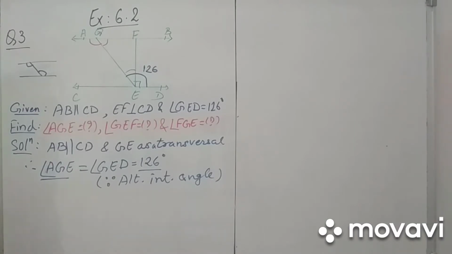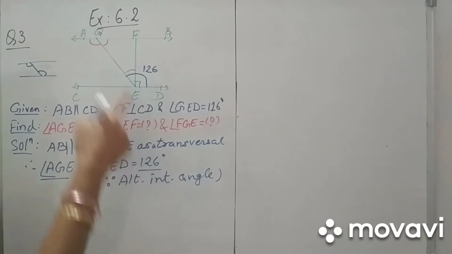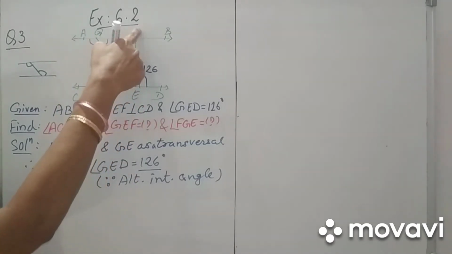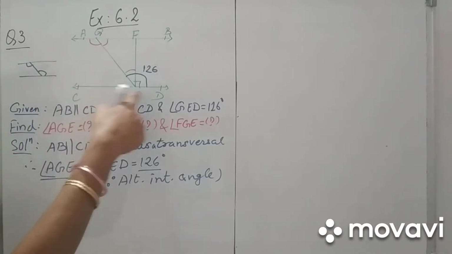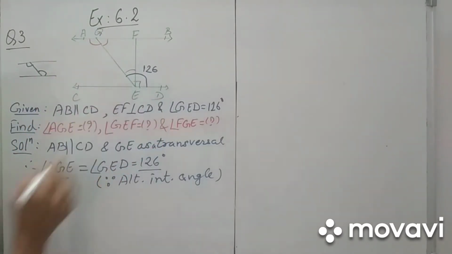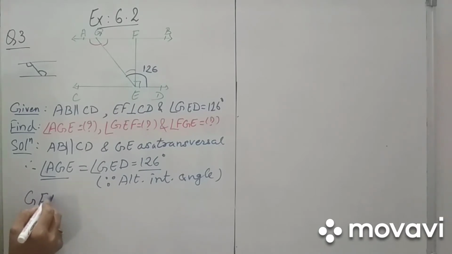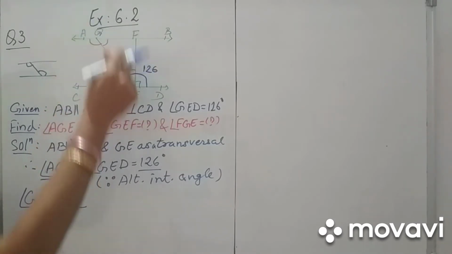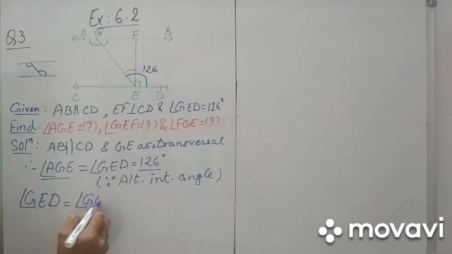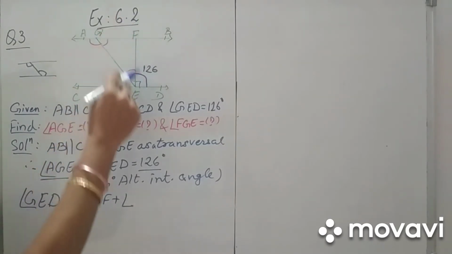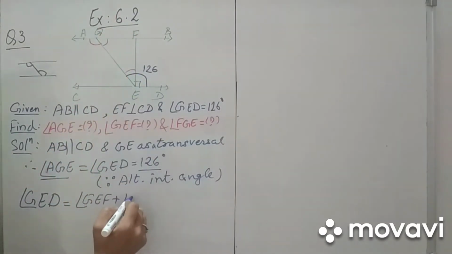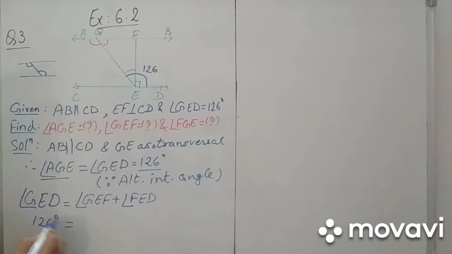Second, GEF. You can see that angle GED is equal to angle GEF plus angle FED. GED is 126 degrees.